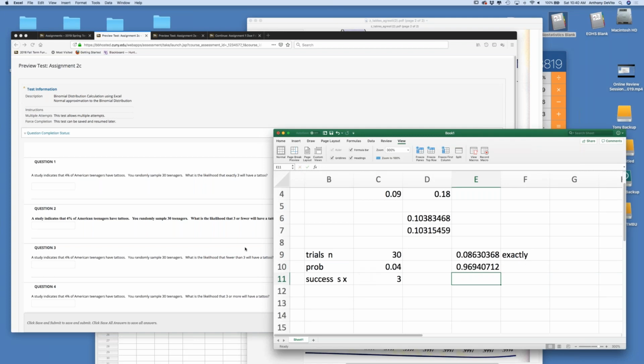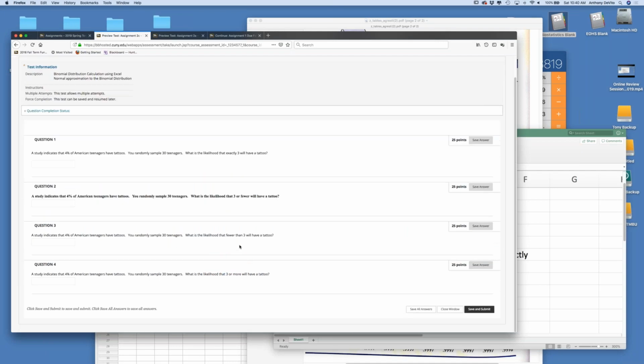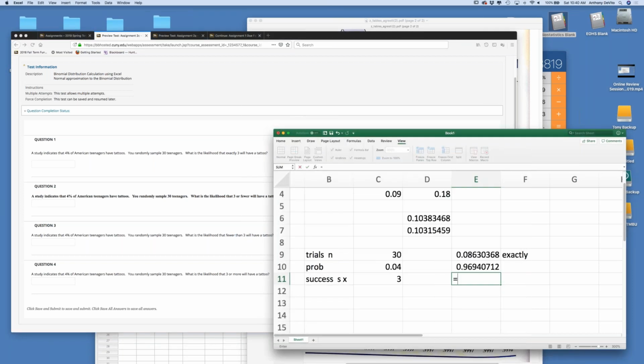Okay, so the next thing we ask here: what's the likelihood that fewer than 3 will have a tattoo? Let me think about that. Equals binomial. Yes, I'm going to type out what I'm thinking. Parentheses.